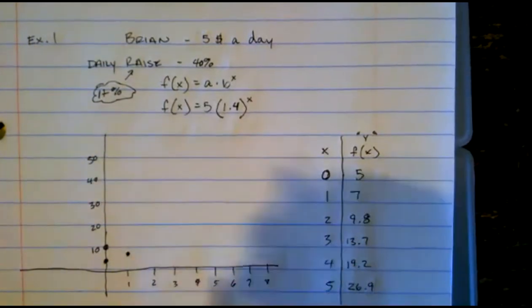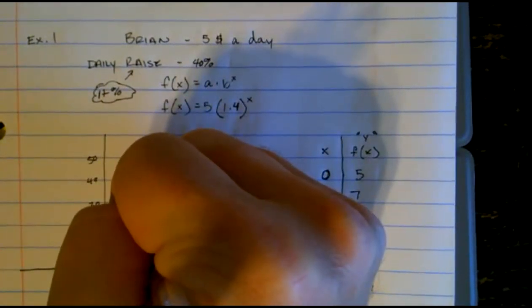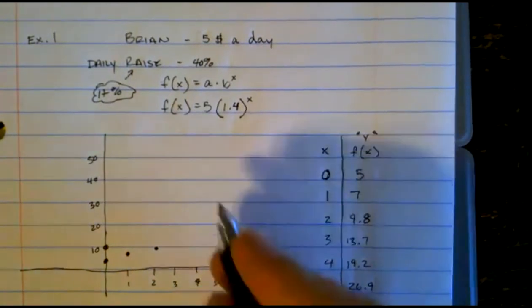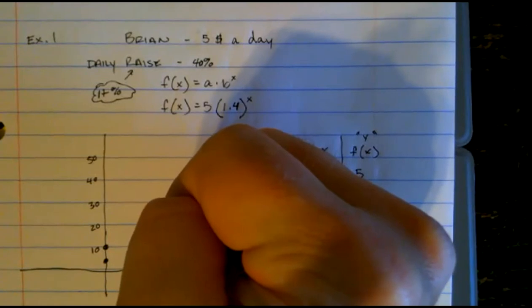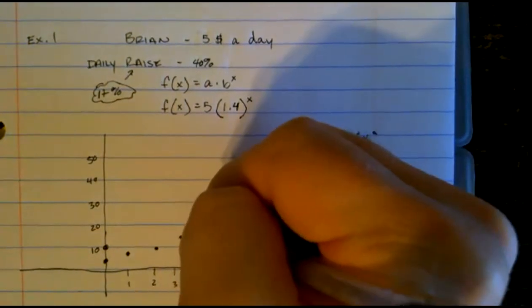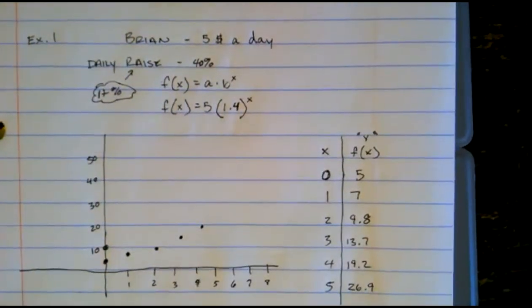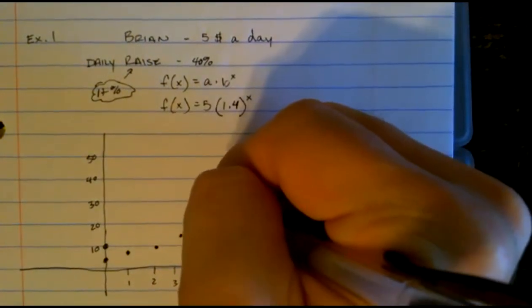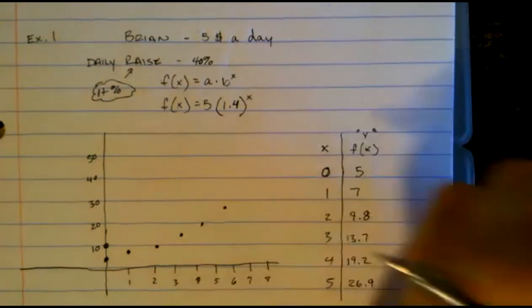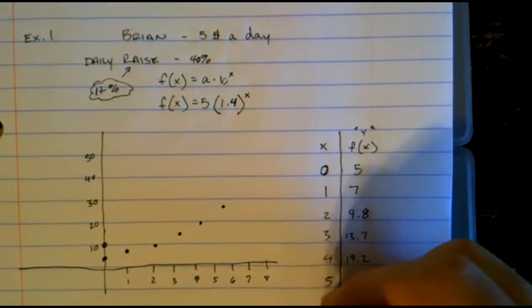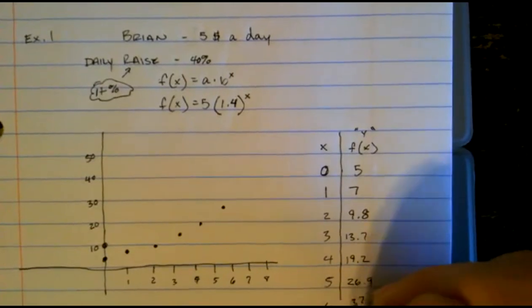Then 2, 9.8, a little bit higher still, almost 10. 3 is 13.7, so we can start to see that upwards movement. 4 is now 19.2. And then 5, 26.9. So here, let's go ahead and go to 8 so we can get an idea. So 6 is 37.6.